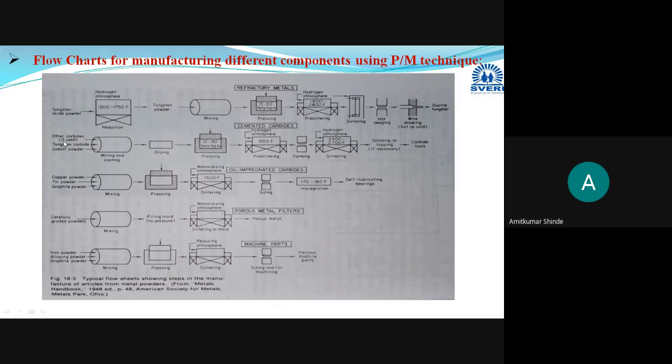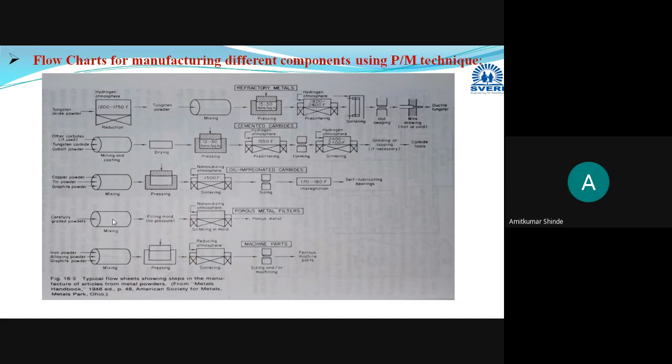The first stage will be your powder production. For powder production, you can draw one box, a rectangle, and indicate the powders directly there and the manufacturing of that powder, or you can directly start with the mixing process. For powder production, a particular symbol is not available. That is not shown in these diagrams.